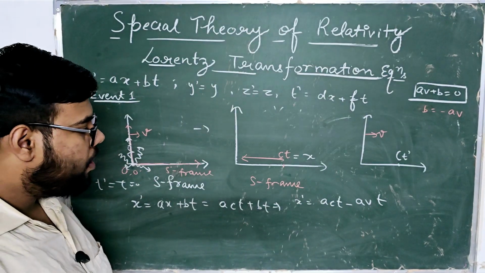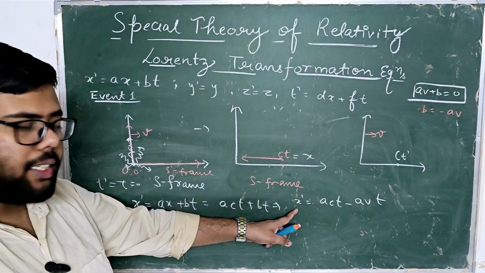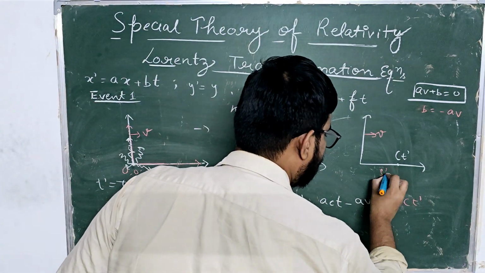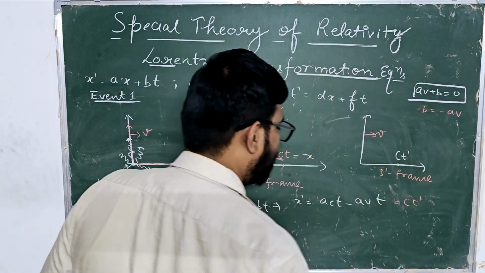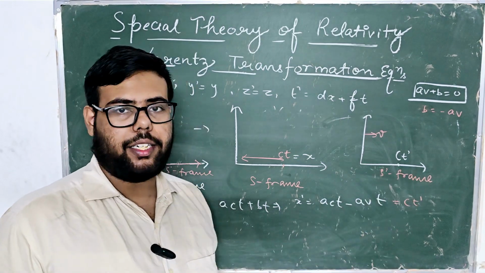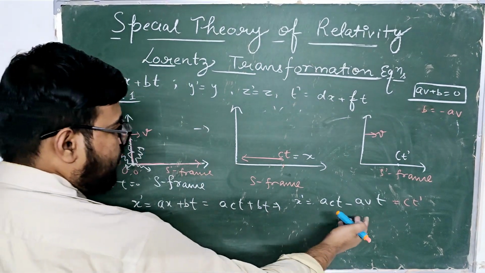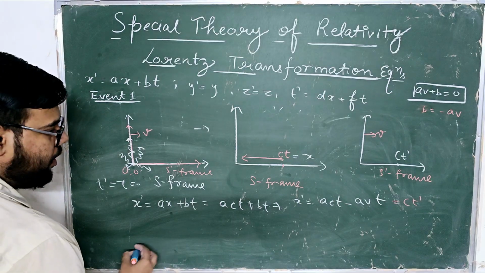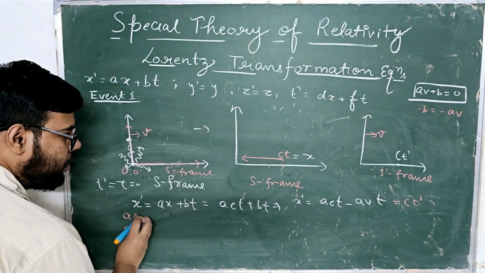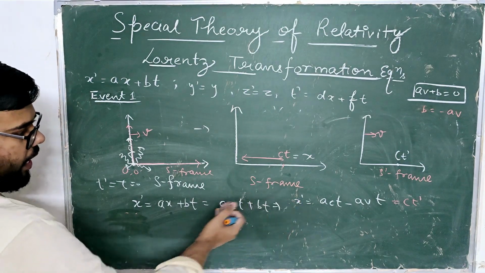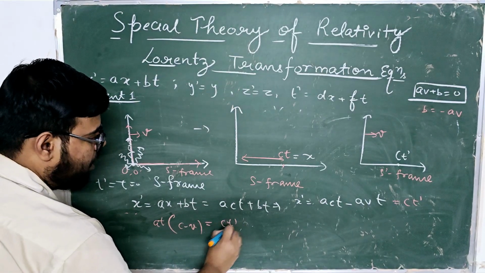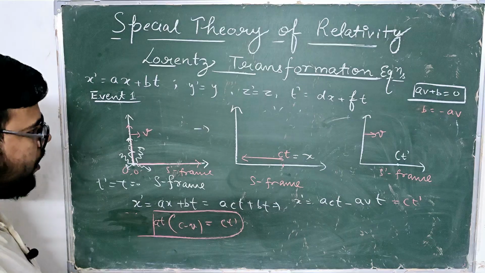And now this is equal to ct prime with respect to the S prime frame of reference, because x prime is equal to ct prime as we have just written. Okay, so now just solve it. We can take at as common. So we will have at times (c minus v) is equal to ct prime. We have got one equation.